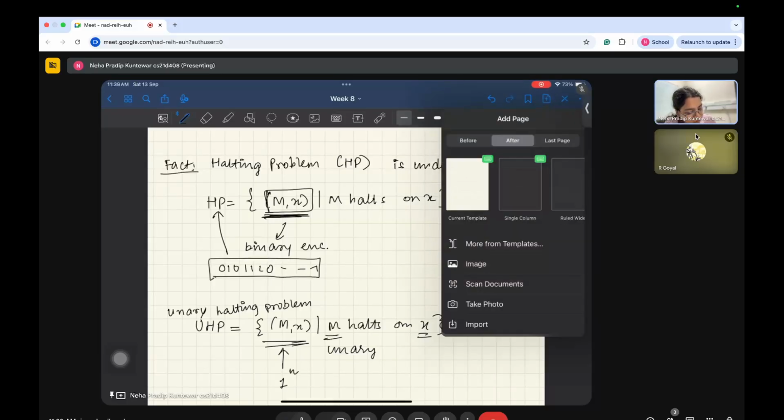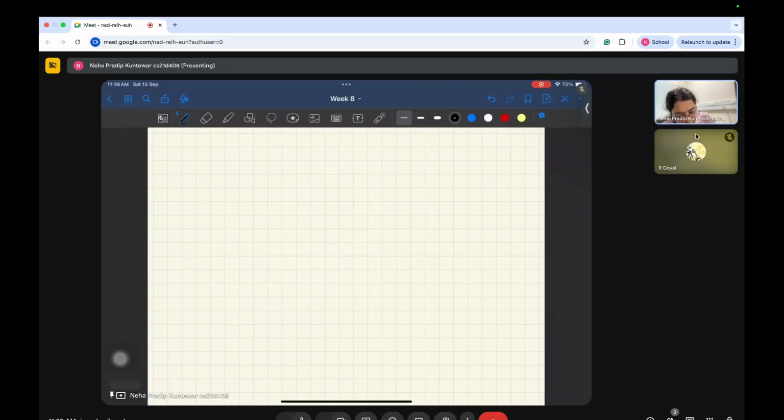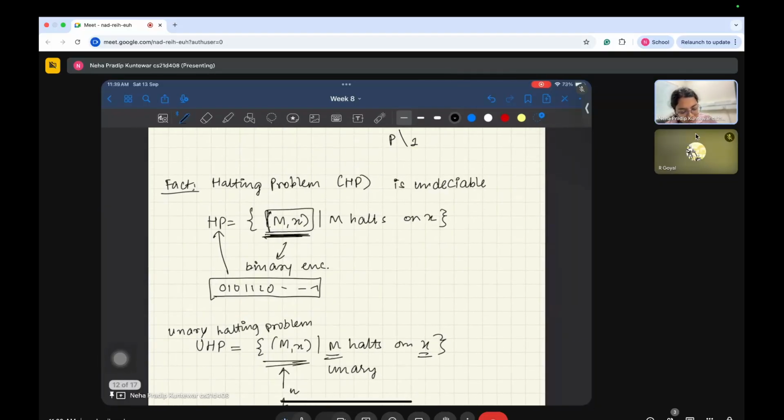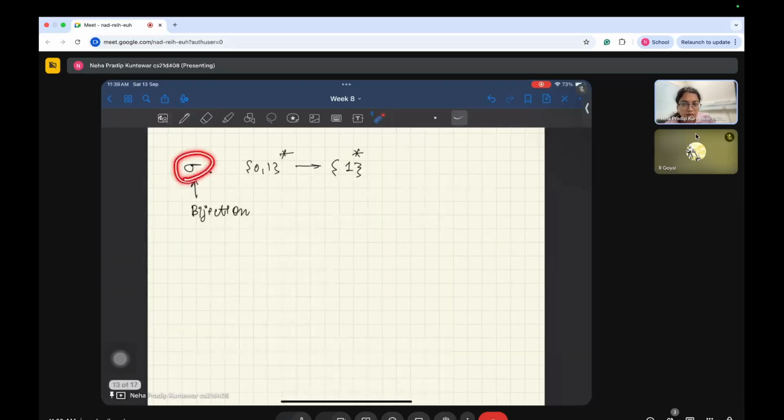Suppose I could show you a bijection sigma which takes a binary string here and maps it to a unary string here. Furthermore, it's a bijection. Then whatever encoding you're giving me as a binary string, I will use this sigma to convert it into a unary string.